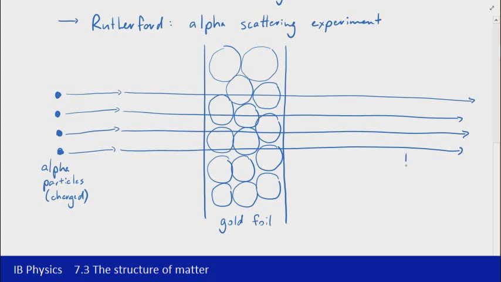So the hypothesis is that those effects of the charge in the atom should basically cancel out, and that all of the alpha particles will pass through undeflected. So no real effect. The particles aren't going to experience any change, and they'll just continue straight through as if the thin gold foil wasn't even really there.